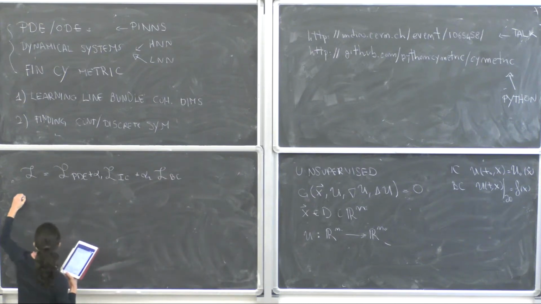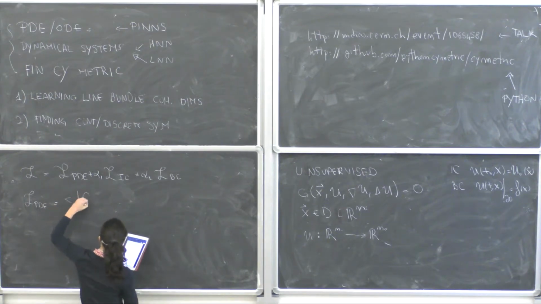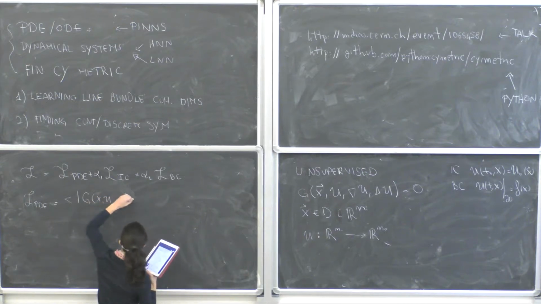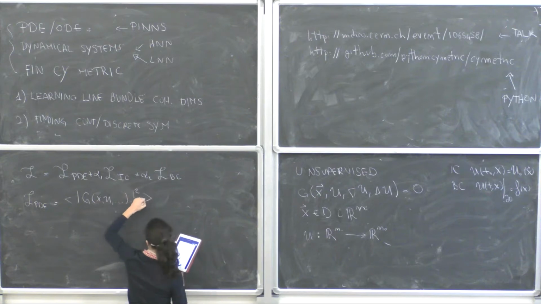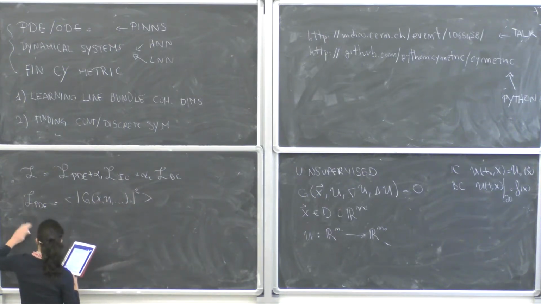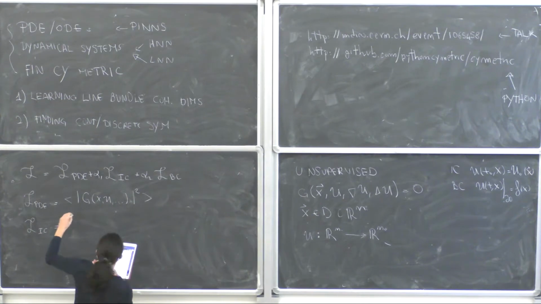In particular, the PDE term would be nothing but G of x, u, etc. Yes. For instance, this is an example, but it works pretty well. The IC term is going to be given by u of 0, okay.